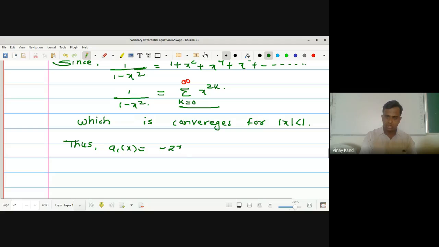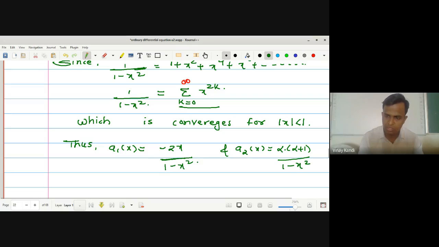Minus 2x upon 1 minus x square. And a2 of x is equal to alpha into alpha plus 1 upon 1 minus x square.